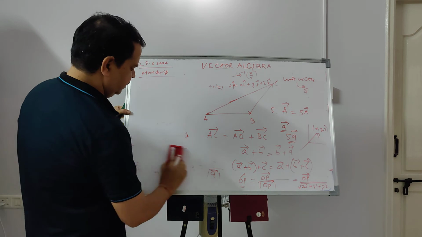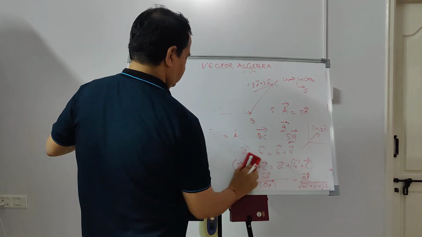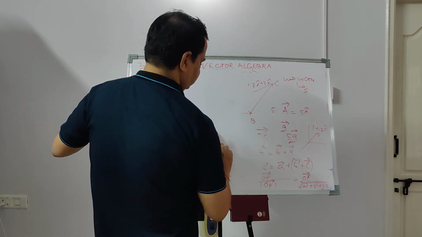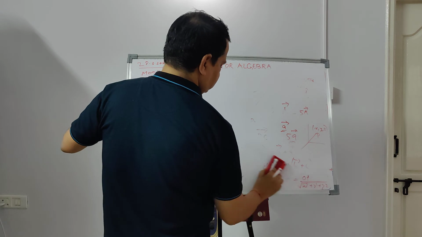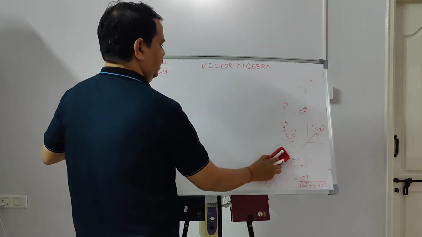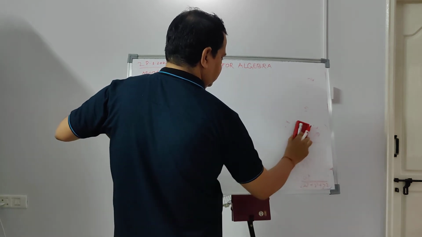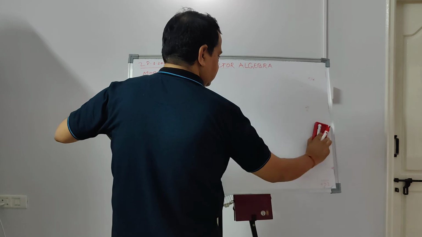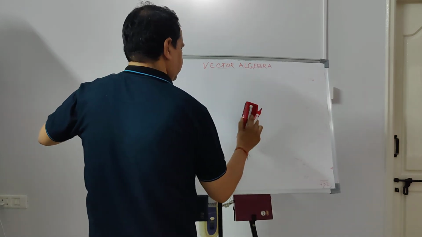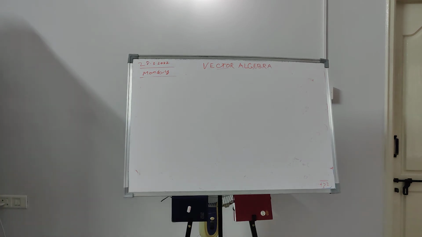Addition of vectors is commutative and associative in nature, right? Yes. A plus b is equal to b plus a, and (a plus b) plus c is equal to a plus (b plus c). So that is commutative and associative, right? Yes. And then we discussed the unit vector, which is the vector divided by the magnitude of that vector. Okay.